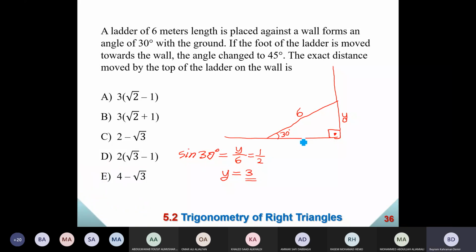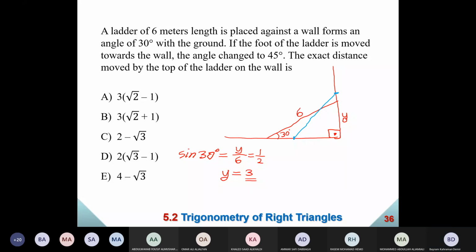Okay, let's move it here. The foot of the ladder here, and the top of the ladder is going to go up a little, right? Here. Well, the ladder is the same ladder, right? So it is still 6 meters.